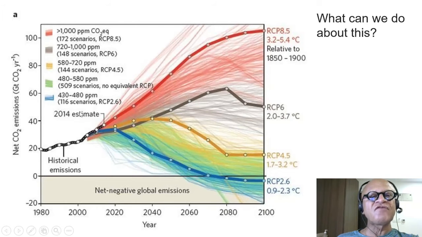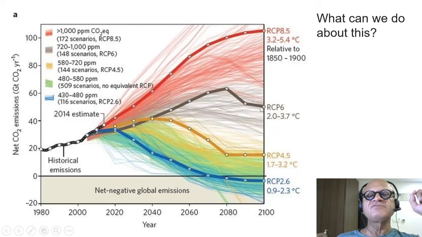So different RCPs have different numbers of models simulating the scenarios. RCP 4.5 is obviously higher, and it still keeps us in a range of 1.7 to 3.2. These plumes around the mean thick lines are the potential range. So 0.9 to 2.3 is this range, and here it's 1.7 to 3.2.